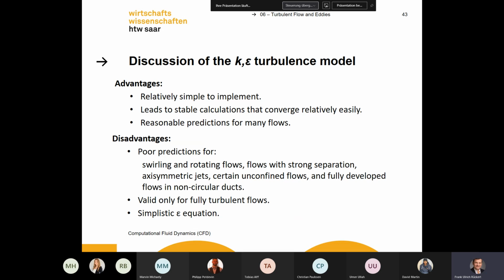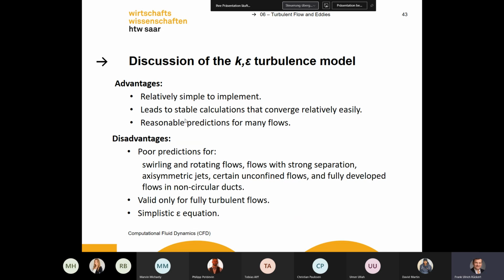You must describe it. And the advantage of this K-epsilon model for turbulence is that it is relatively simple to implement. You just need two additional conservation equations, or two additional balances, for these two quantities.